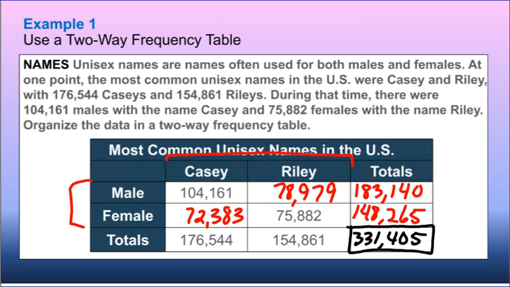So if I just take the name Riley and look at the number of males and females who have the name Riley, I'm looking at these two numbers right here, 78,979 and 75,882. They are very, very close in number. It's roughly 3,000 people difference between the two. But that's still pretty close when you're dealing with large numbers.